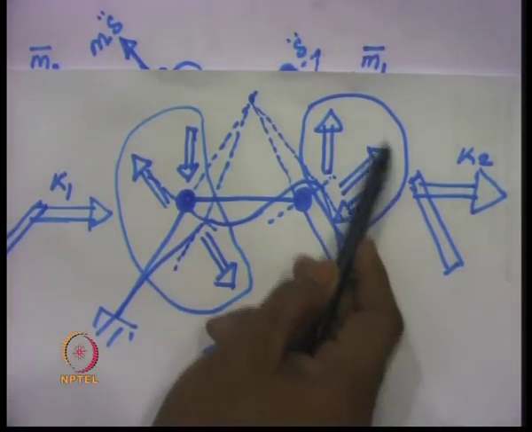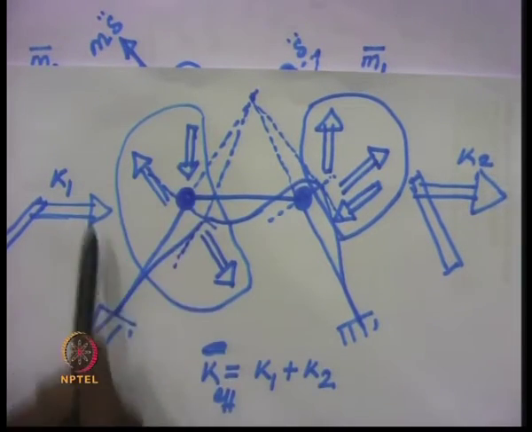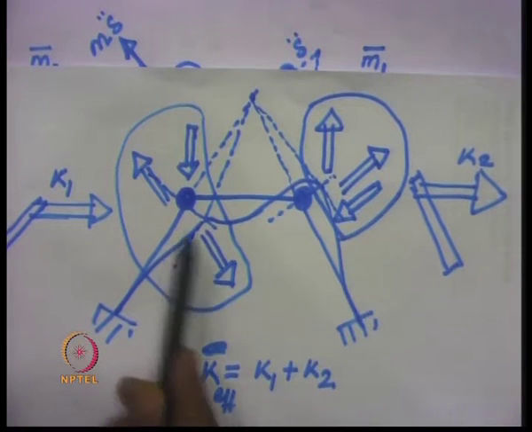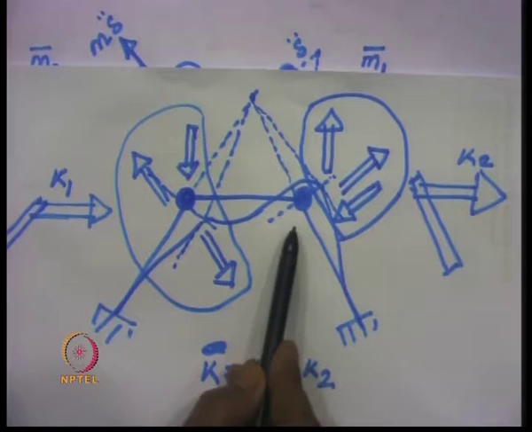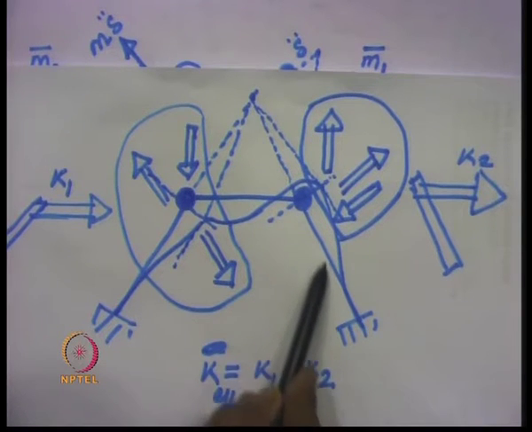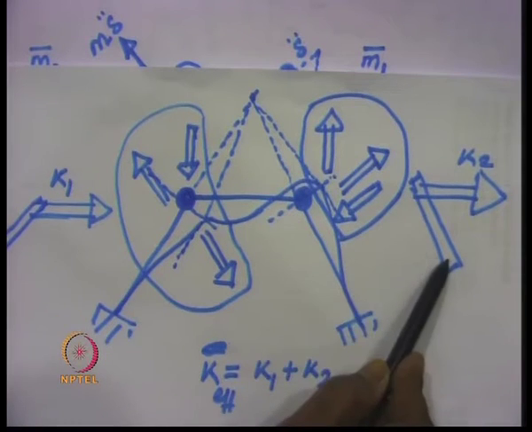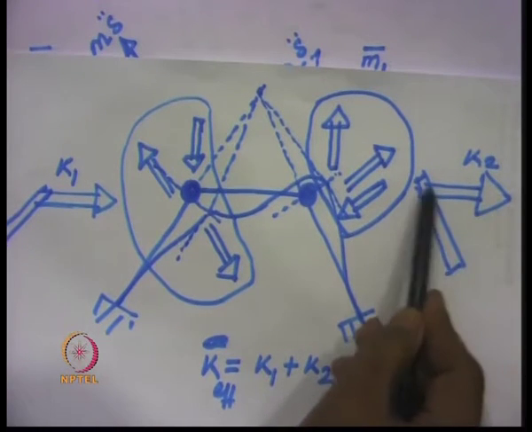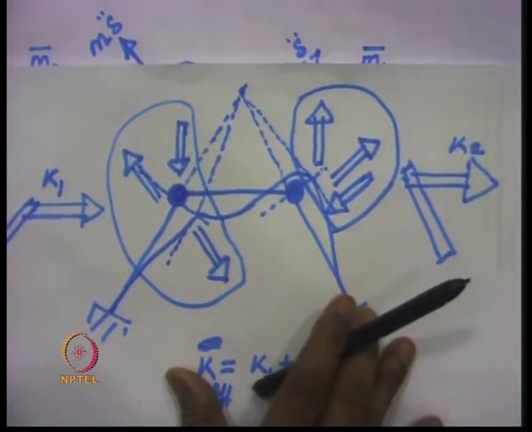So, we have now got three forces acting at this joint and three forces acting at this joint. These three forces are resolved, one along this leg, and the other in the horizontal direction, the direction in which the sway takes place.